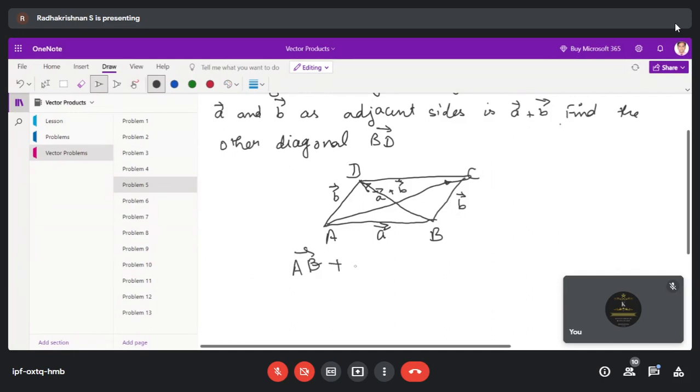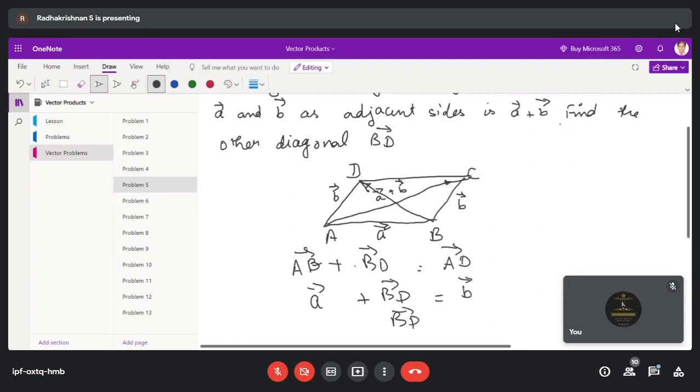AB plus BD equals AD. So AB is A vector and BD is what we want, equal to B vector.